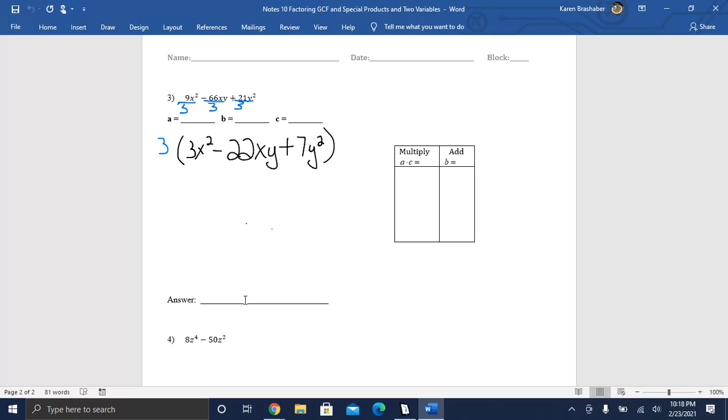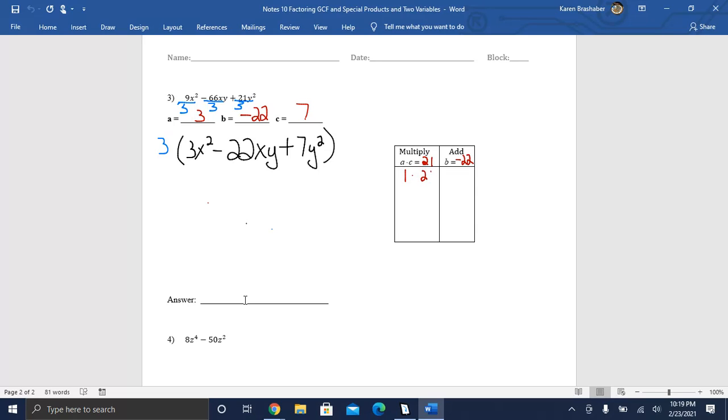So our A is 3. Our B is negative 22. And our C is 7. So when we move to the chart, A times C, 3 times 7 is 21. And our B is negative 22. So we'll need to think of multipliers to 21.